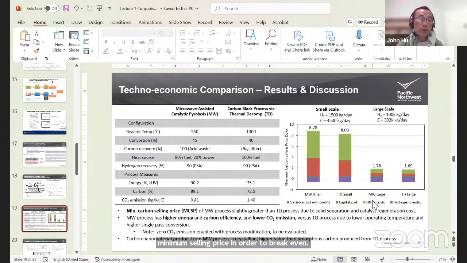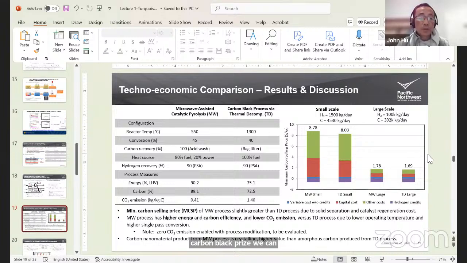So you have to build a large microwave pyrolysis plant. This price is already close to carbon black. That means for such advanced carbon we produce from this process, if we sell at the carbon black price, we can just make money.